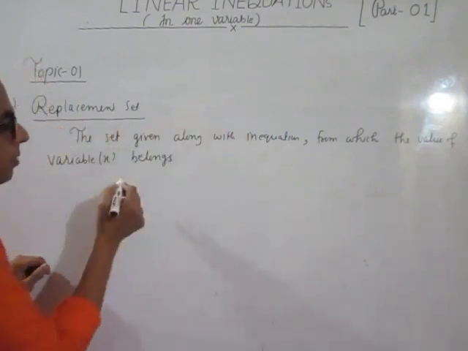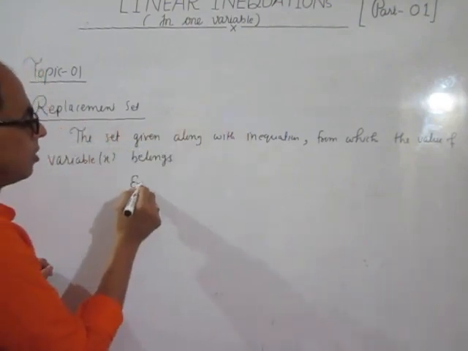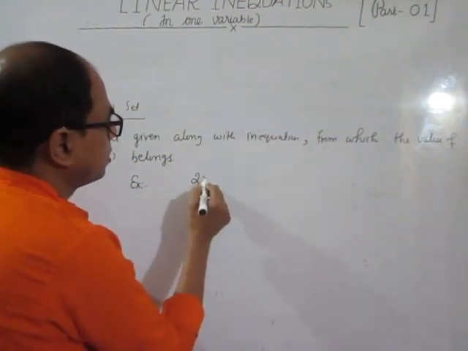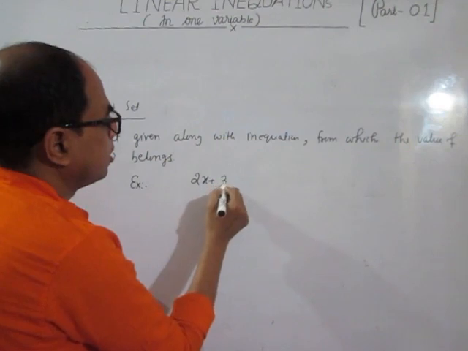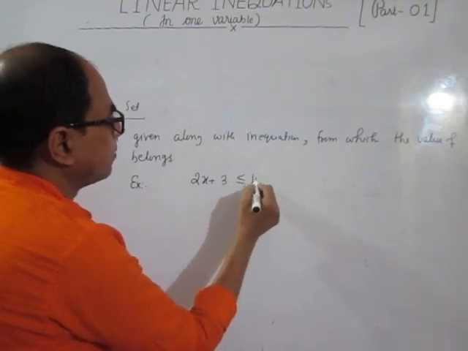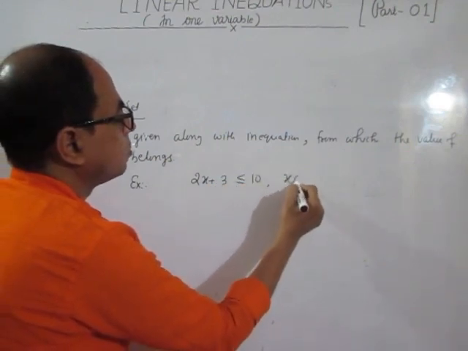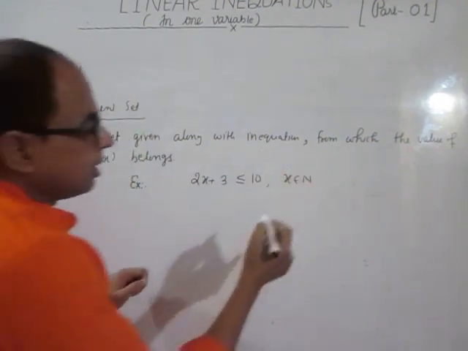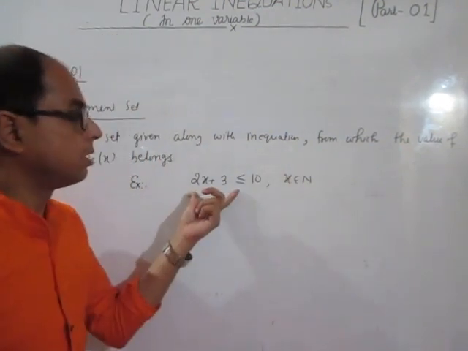For example, suppose it is given that 2x plus 3 is less than or equal to 10, where x belongs to natural numbers. So this set of natural numbers is given along with this inequation.